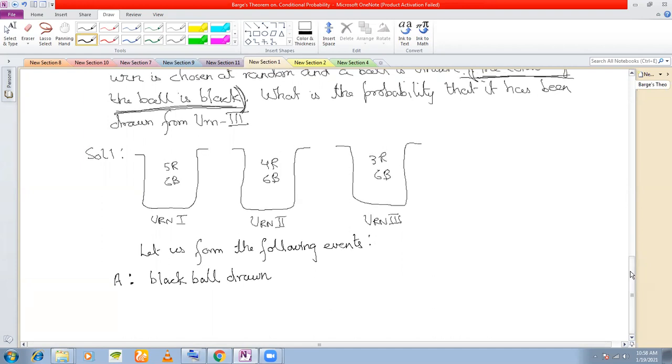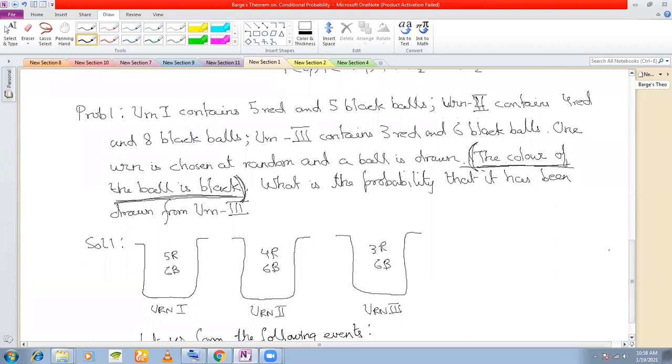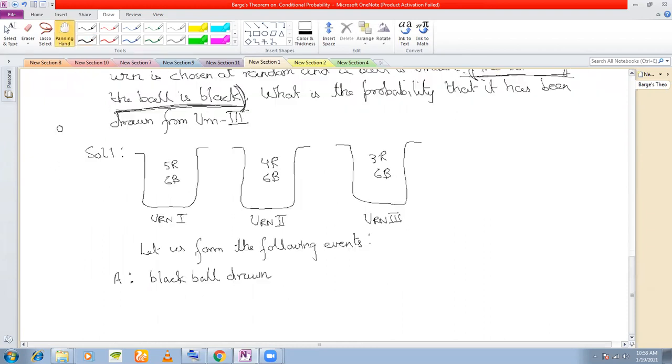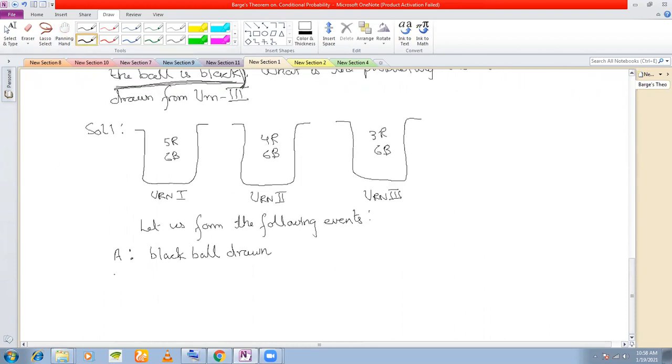Now you can choose any one of these urns, right? So I take E1 as my event, urn 1 chosen. Urn 1 is chosen. I take E2 as my event, urn 2 chosen.